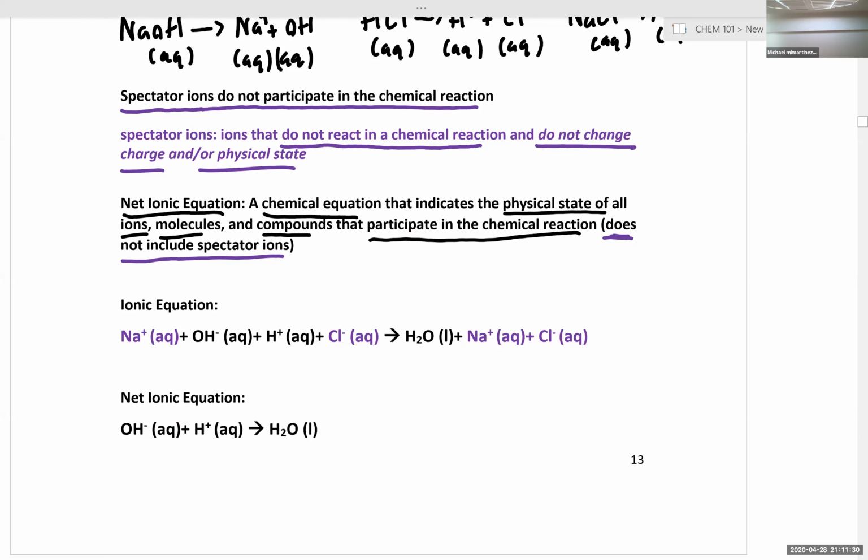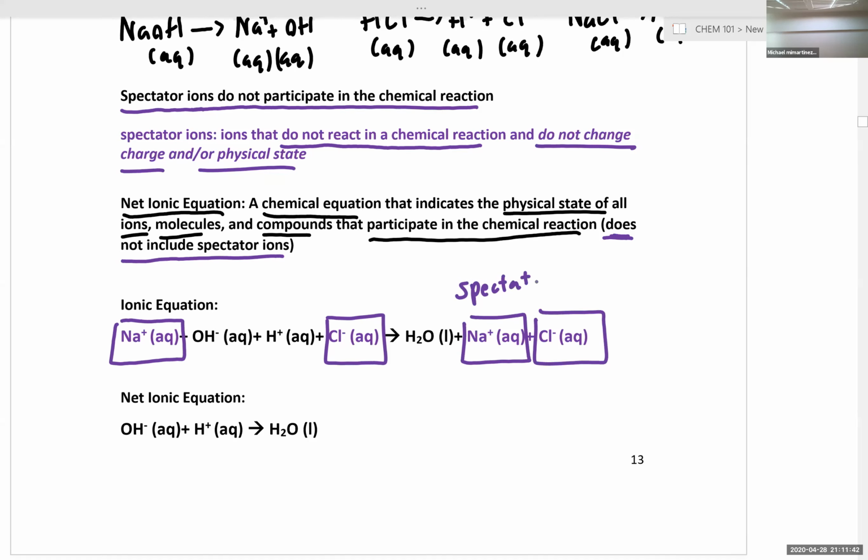In our ionic equation, we notice that our sodium plus and chloride ions are unchanged in physical state or charge. So these are our spectator ions. As a result, when we're writing out our net ionic equation, we simply cancel our spectator ions.